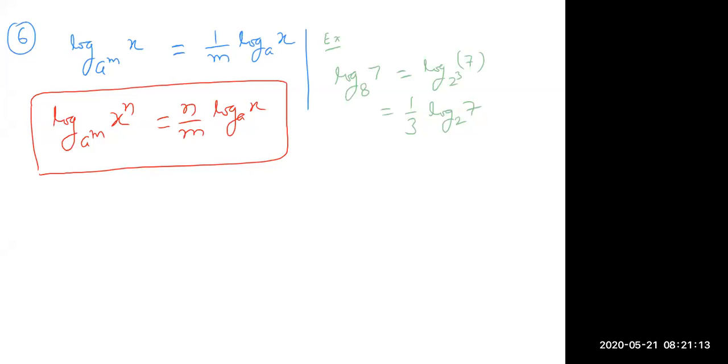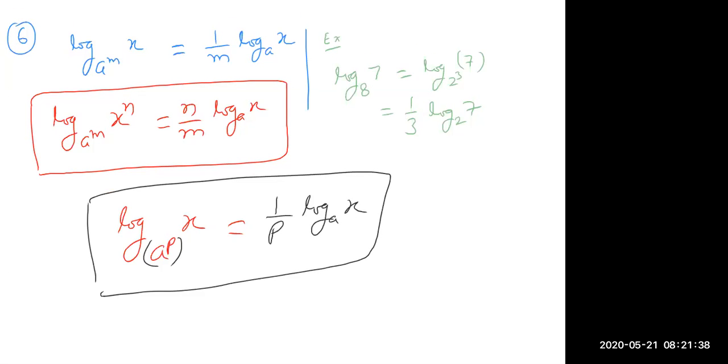Sir, can you explain it once more? Sixth. See, this condition is suppose here this is log a raised to power p and x is there. Then that means this is in the base a raised to power p. This will be 1 upon p log A x. That is all.